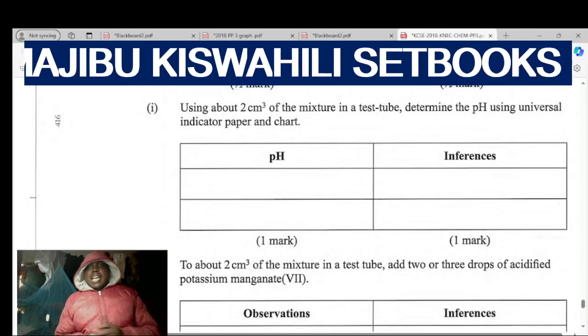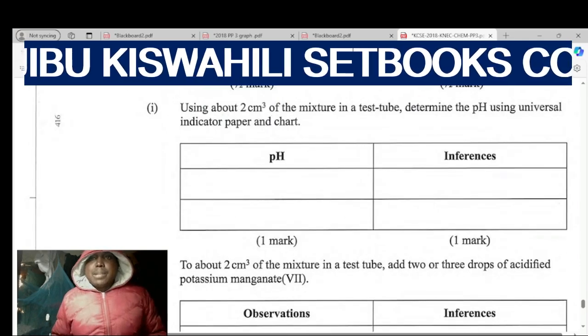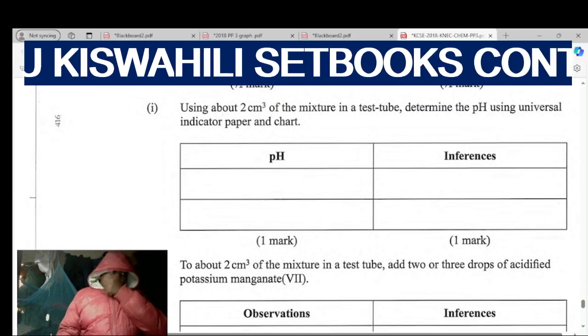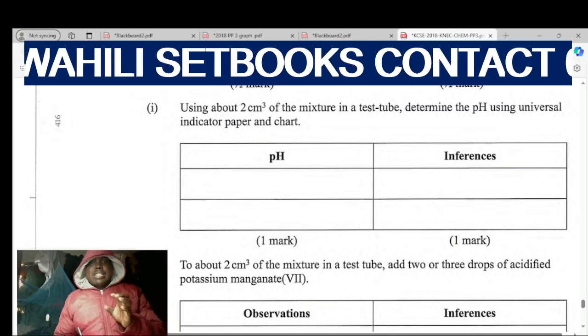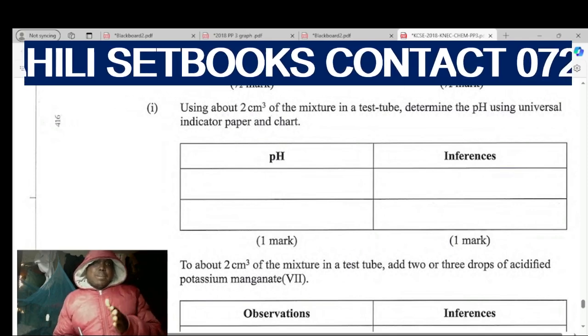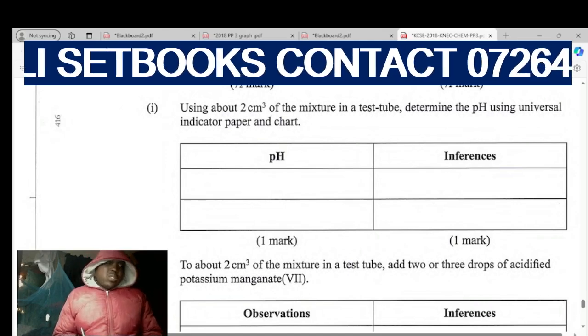Using a 2 decimal, add test for determine the pH using a universal indicator paper and the chart. So you will take the solution, and after adding the universal indicator, check against the pH scale the color, and then look at the pH.